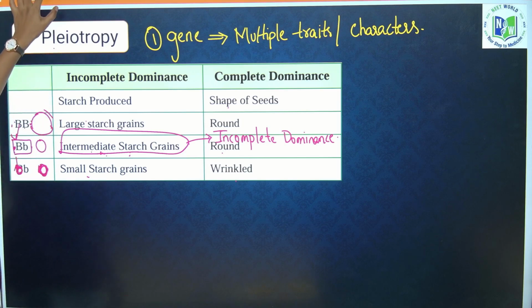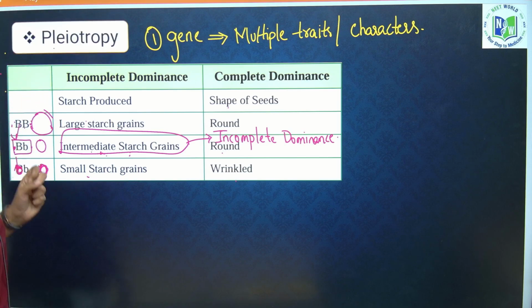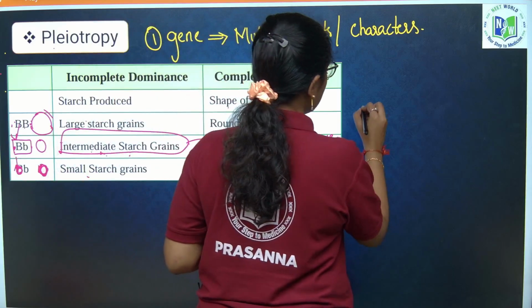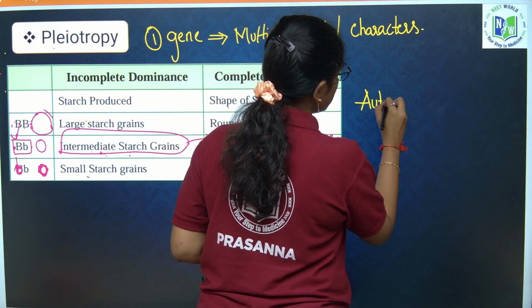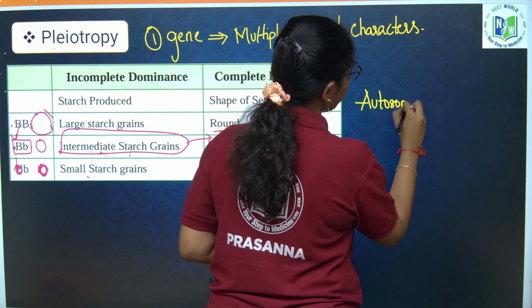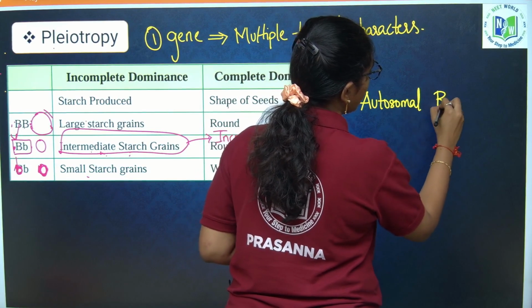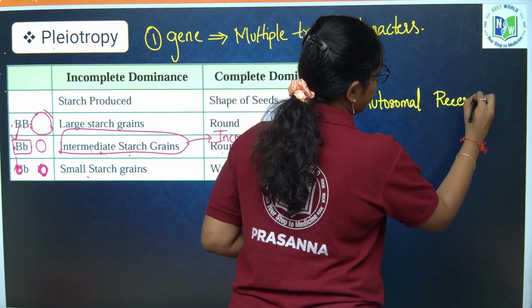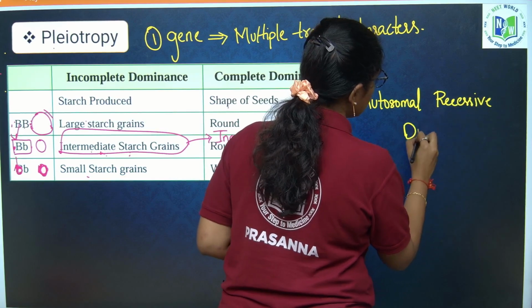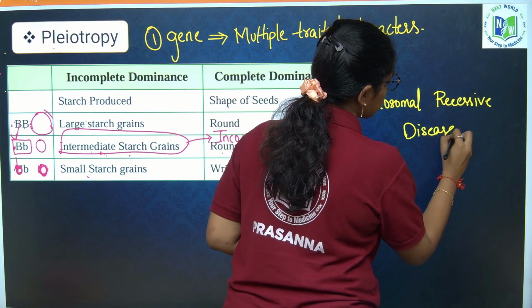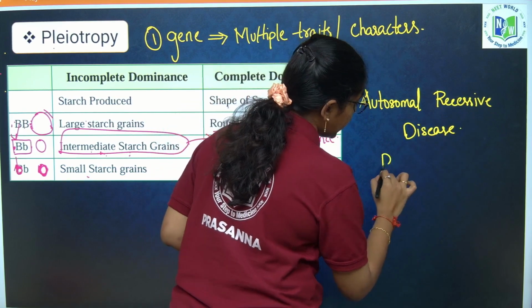And one very good example of pleiotropy is an autosomal recessive disease, that is phenylketonuria.